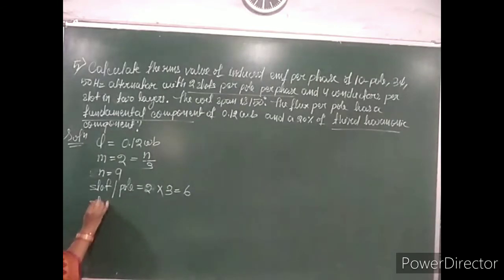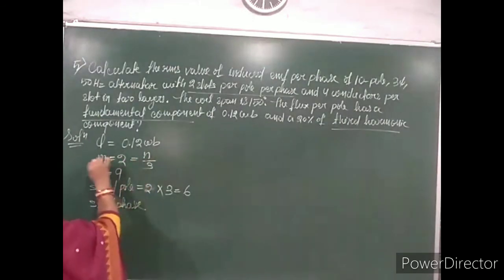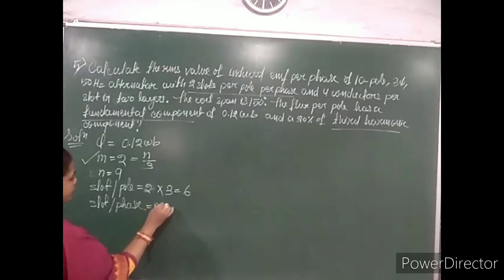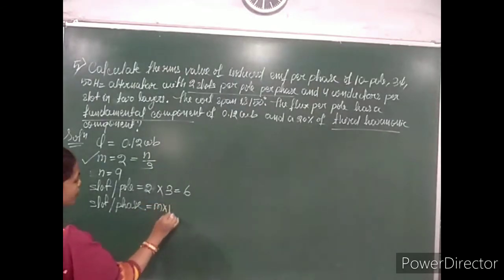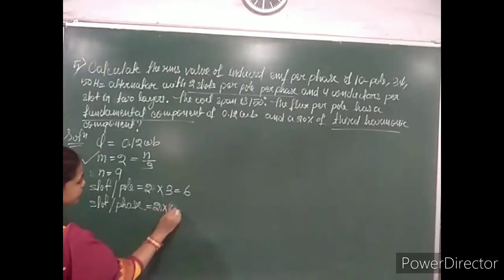The next, slots per phase: from this relation you get slots per phase is m into number of poles. M is 2, number of poles is 10, which gives 20.